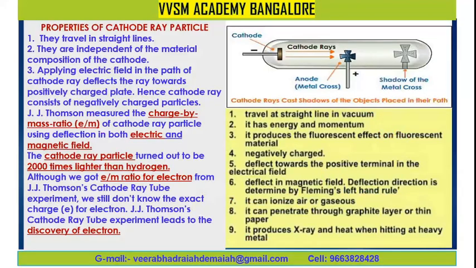Properties of cathode rays. My dear friends, regarding the properties of cathode rays, a series of experiments was conducted by Sir J.J. Thomson, and he concluded that cathode rays travel in a straight line in vacuum. They have energy and momentum. They produce a fluorescent effect on fluorescent material. Fluorescence is nothing but the emission of light.